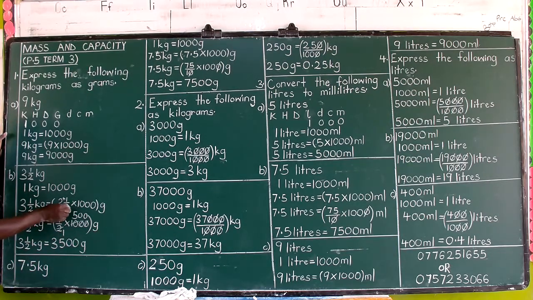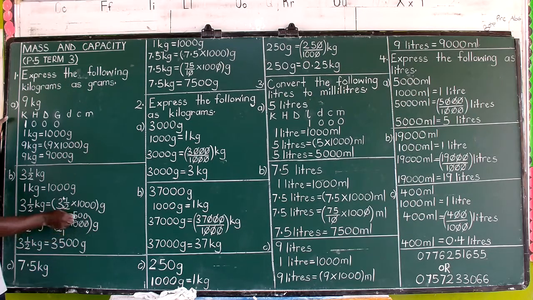So we go 2 times 3 is a 6. 6 then plus 1, you get a 7. So I've got 7 over 2 times 1,000 grams. Then this 2 being a denominator, we can cancel with the numerator, this upper number now. So we go 2 by 2 once.